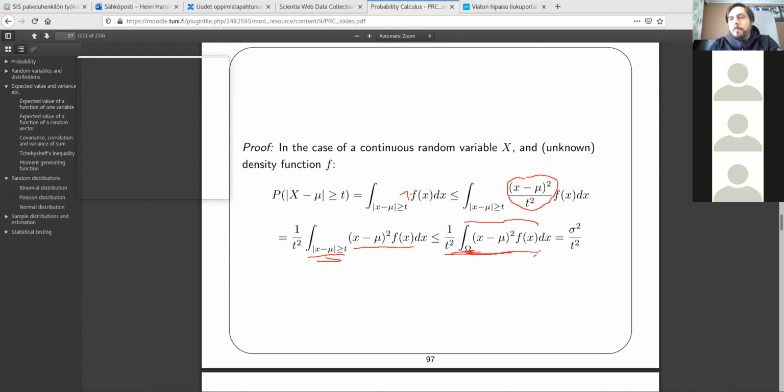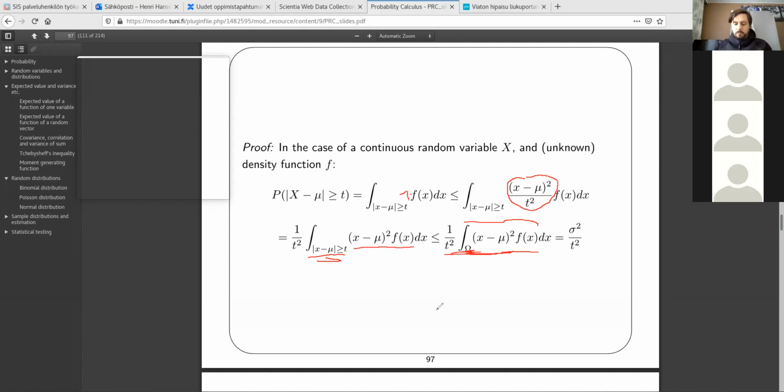It is of course possible that the region at the center... think about this distribution. Let me draw you a picture. So we have this distribution, and let's say here is our expected value. That's the mu.